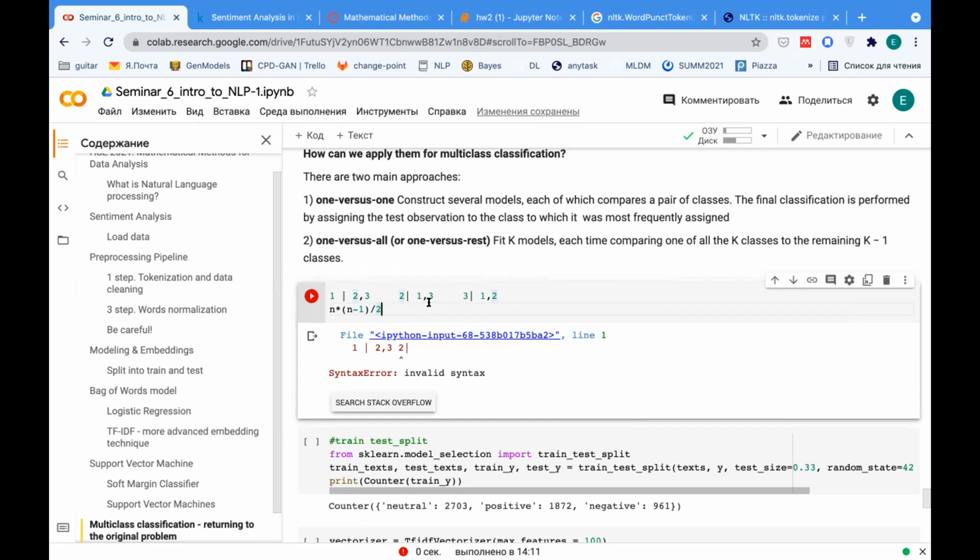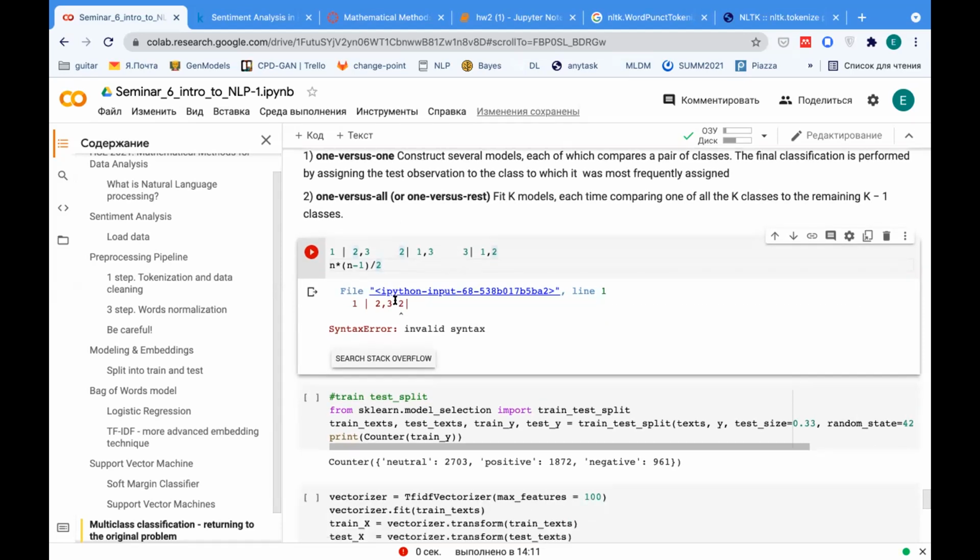So sometimes it can be better to use the one with one approach, since all the classifications will take not so much time as the one with all approach, despite their number.